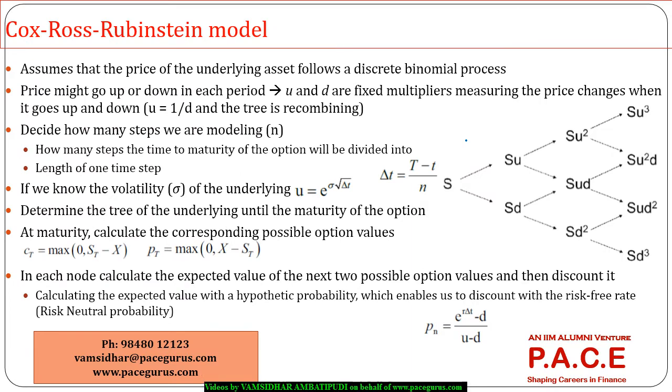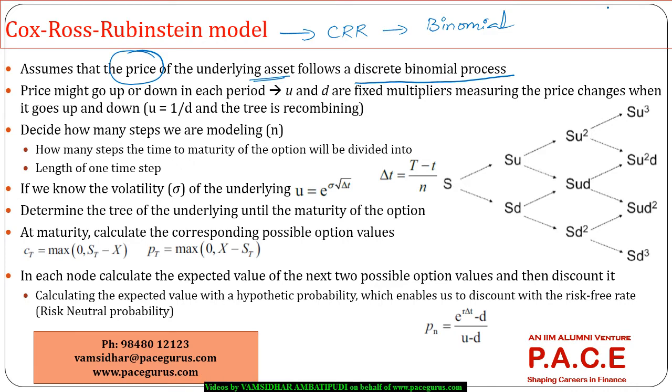Now let's move towards the next model, which is the Cox-Ross-Rubinstein model, right? You can typically call it a CRR model, or in short we can also call it a binomial model. Why a binomial model? One of the prime assumptions of this model is that the price of any underlying asset follows a discrete binomial process.